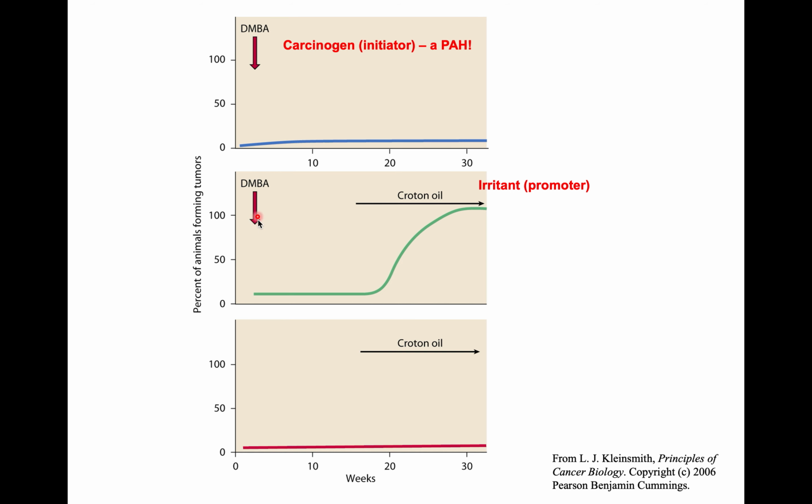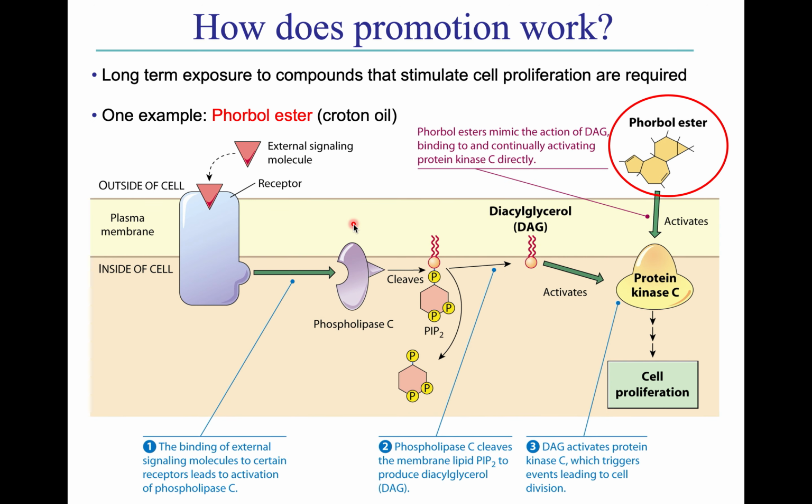But if you pair that chemical carcinogen then with a promoter, in this case an irritant called croton oil, and I'll show you in just a minute what this promoter is actually doing at the molecular level, now we see cancer rates jumping way up. And that promoter by itself, if you just give that to the rabbits, right, again, basically no cancer developing. So it's that combination of the two that's really required for cancer.